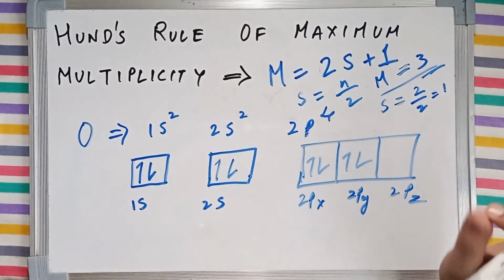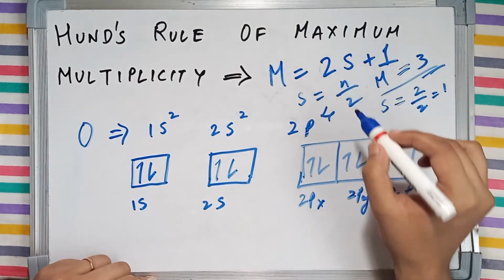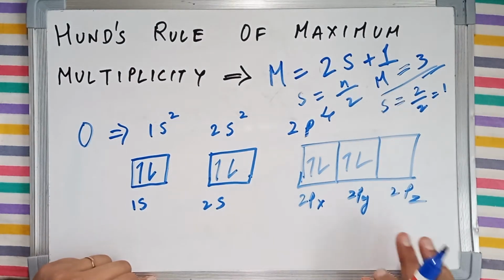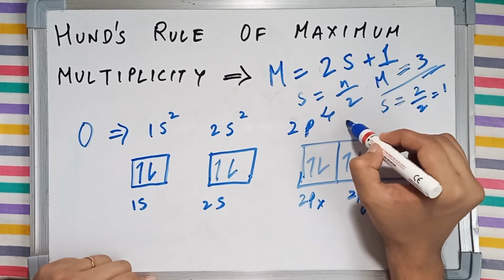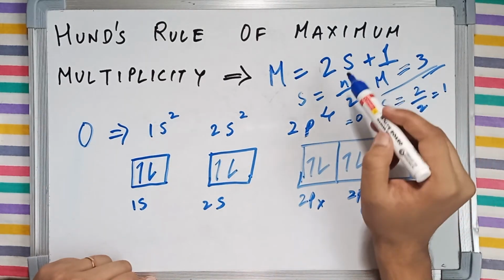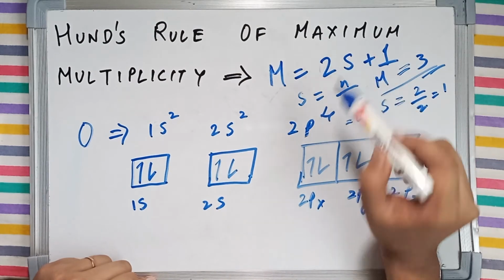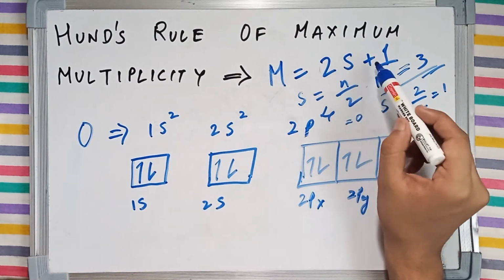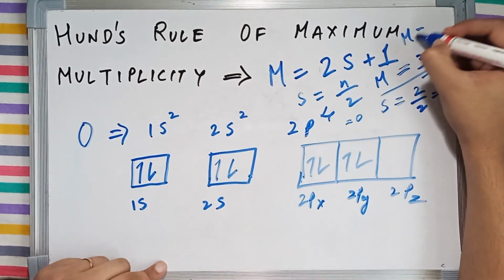We have 0. So s is equal to the number of unpaired electrons by 2, and the number of unpaired electrons right now is 0, so 0 by 2 is equal to 0. Now we put the value of s again in here, so 2 into 0 plus 1, and the value of m comes as 1.